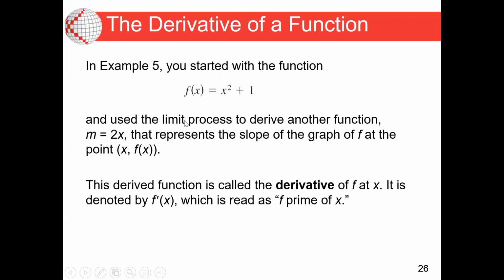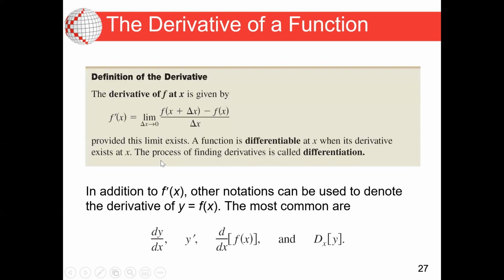So here, when we use the limit process, this is the same example as previously. What did we get? We get m equal to 2x. So that would be the answer, the derivative of this function using the limit process. We get 2x.